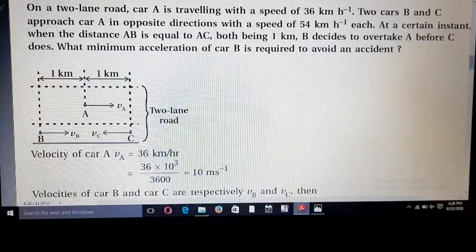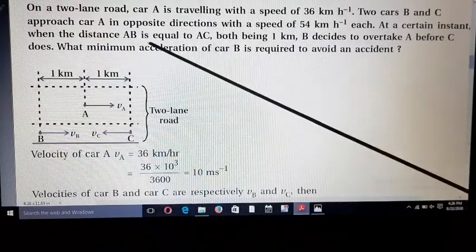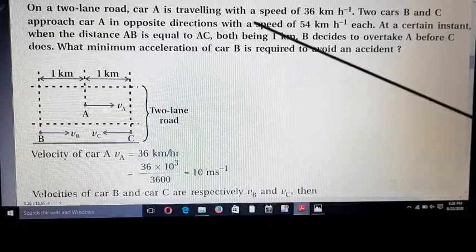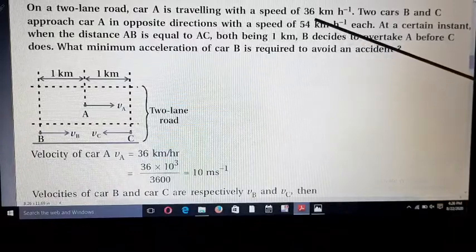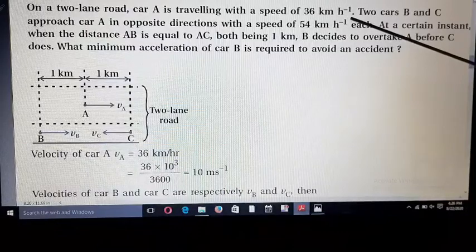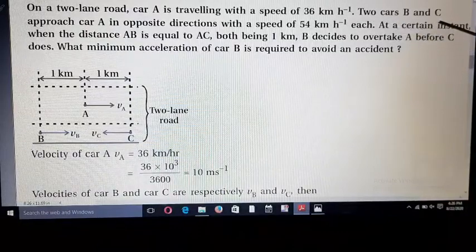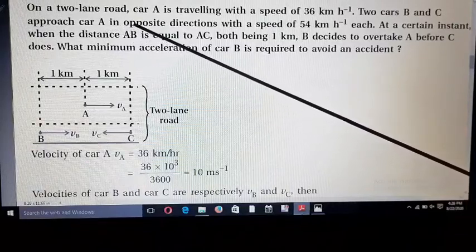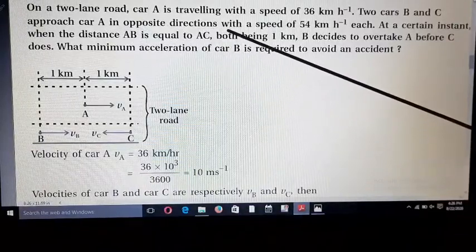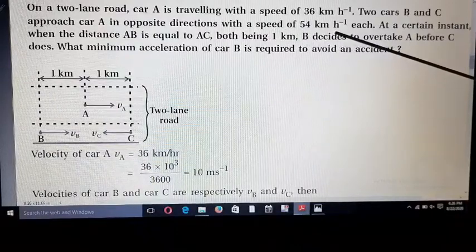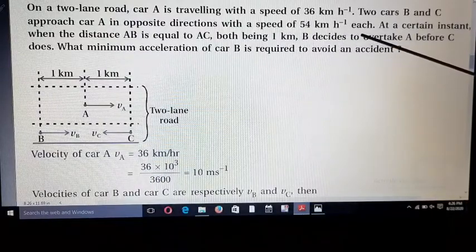Our question is: on a two-lane road, car A is traveling with a speed of 36 km per hour. Two cars, B and C, approach car A from the opposite direction with a speed of 54 km per hour each.